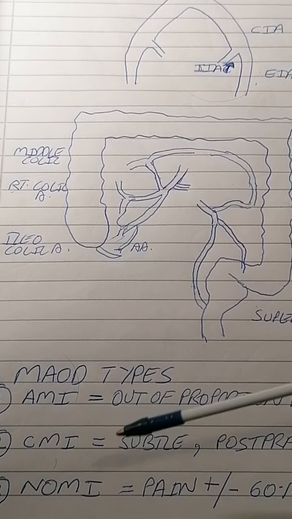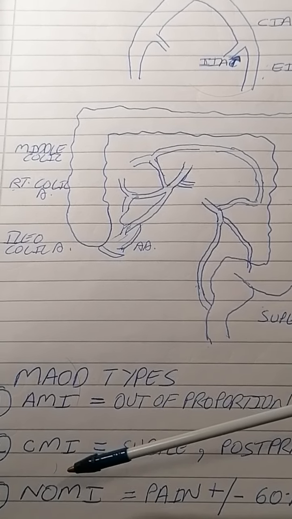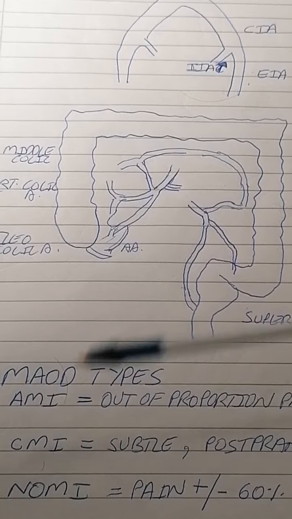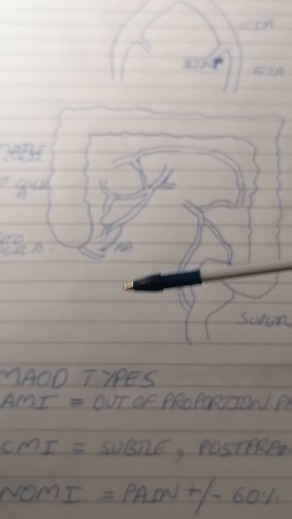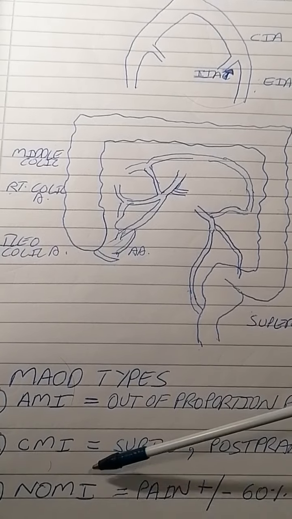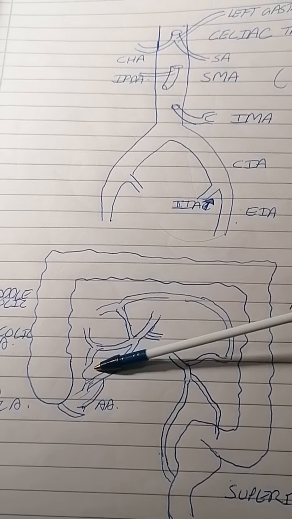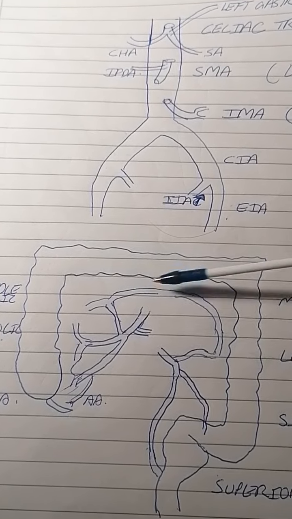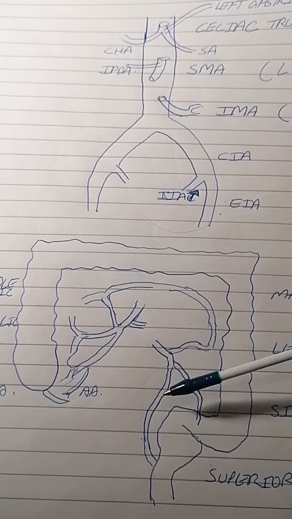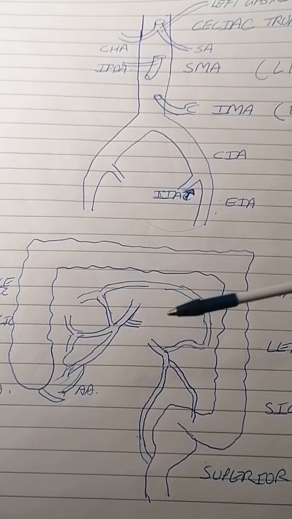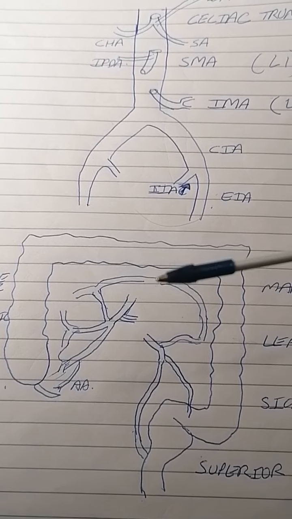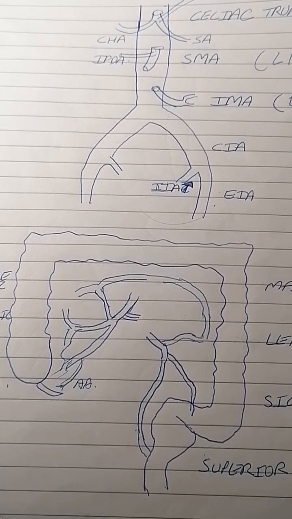In non-occlusive, as the name suggests, there would be pain, but not all the time might the patient have the pain. Here in non-occlusive mesenteric ischemia, these vessels are good. These vessels have neither thrombus nor emboli. The difference is that the flow is low.